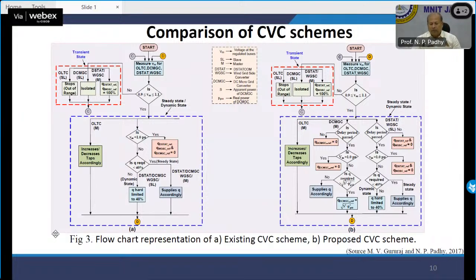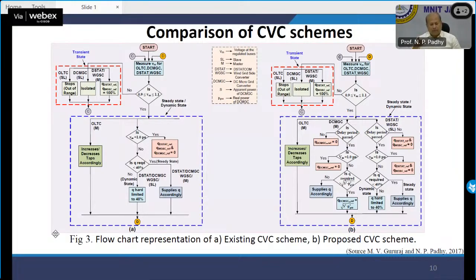Again, when I come to VM, the per unit voltage, I see whether it is 1.0. If yes, again I give my reactive power status as 0. If it is no, then I calculate what my reactive power requirement is. So how do I calculate reactive power requirement? Square root of S squared minus P squared. Okay, so that I calculate.